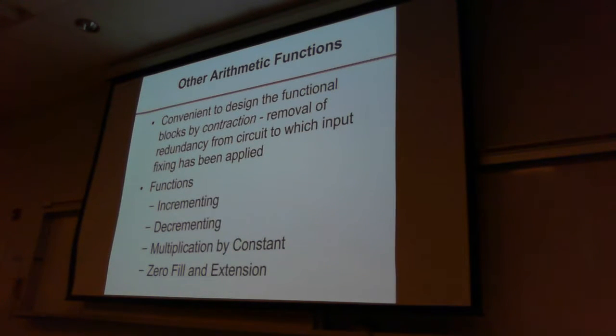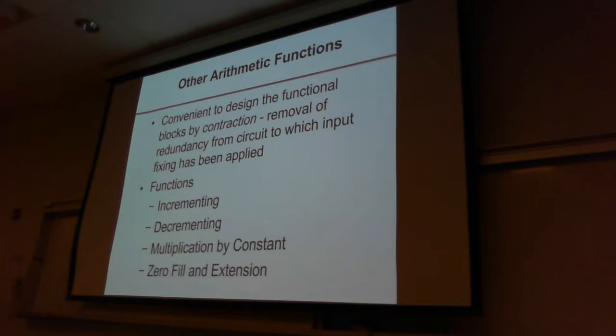So what you do is you put a circuit together and you're looking for paths that are adding absolutely nothing additional to the results. And that's going to be a redundant circuit. So that's really the basis behind contraction, what it is that we're really trying to do.